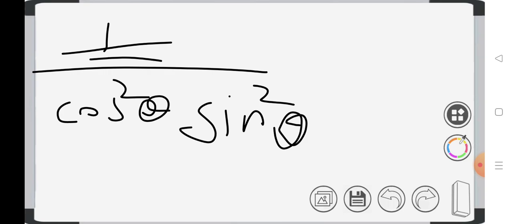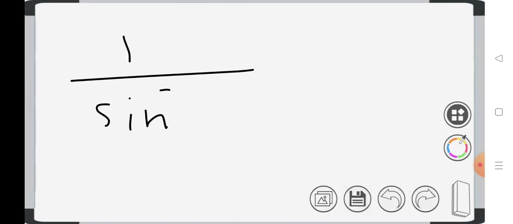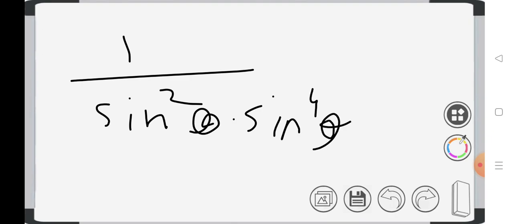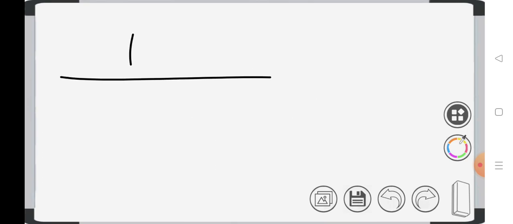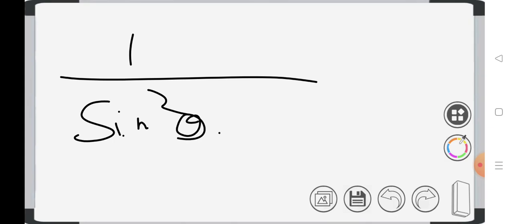So what he is asking us to prove, LHS must be equal to this one. He is asking 1 by sin square theta minus sin power 4 theta. Now in this case, I am taking in RHS side sin square as common. So then what will it become? 1 by sin square theta into 1 minus sin square theta.